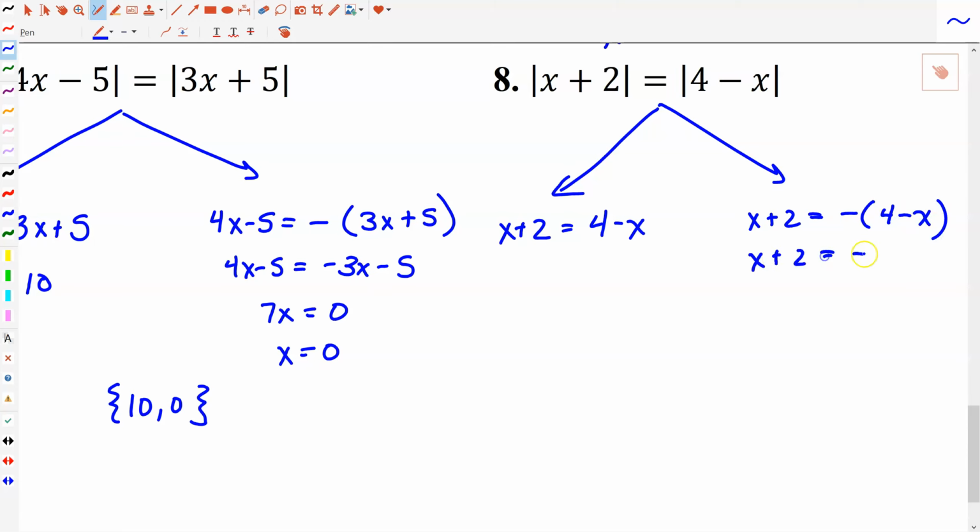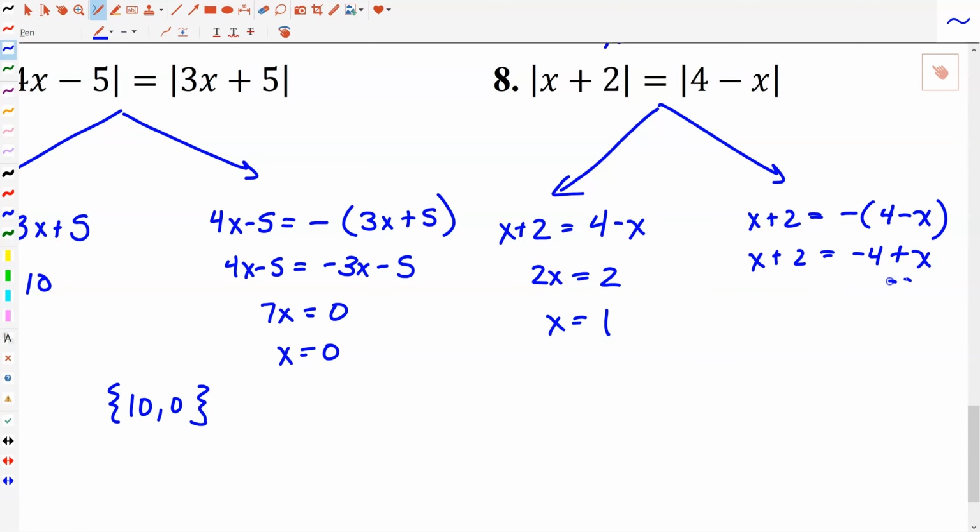When I distribute that opposite through, it will change the sign of both of those terms. If I go through and solve these, in this case if I add x to both sides, I'll get 2x, subtract 2 from both sides, I'll get 2, which means x equals 1.